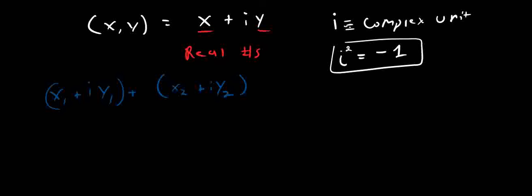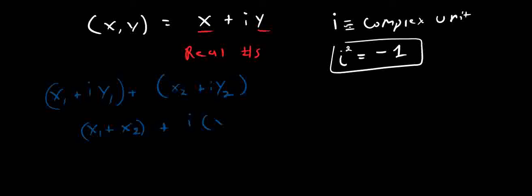Well, this x and this x don't have an i multiplying them, so they have a common factor, but they don't have a common factor with the y. So it'd be x1 plus x2 plus, now we can factor out this i from both of the y's.